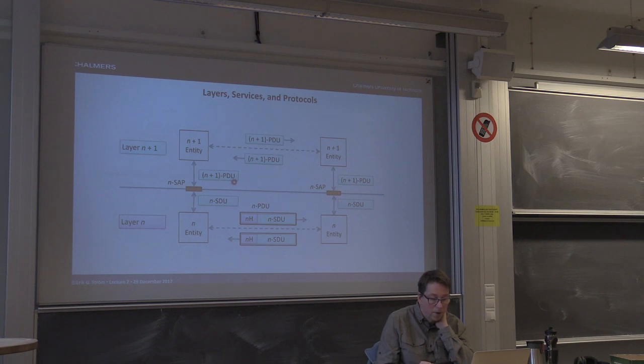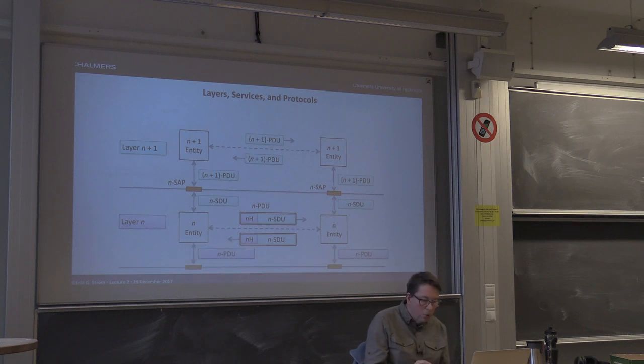Okay, so we have a transport layer PDU, which is then the network layer SDU. And then, of course, these PDUs are transmitted using the services below. So layer N PDUs are pushed down to the layer below it and then become its service data unit and so forth. So this is continuously being done.